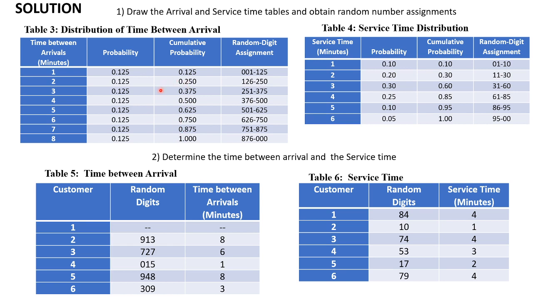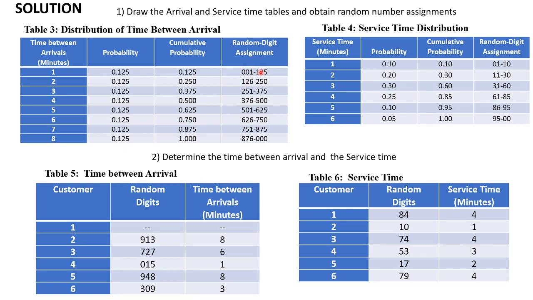When we add everything up, we get 1. So cumulatively we add it up, and the summation ends at 1.